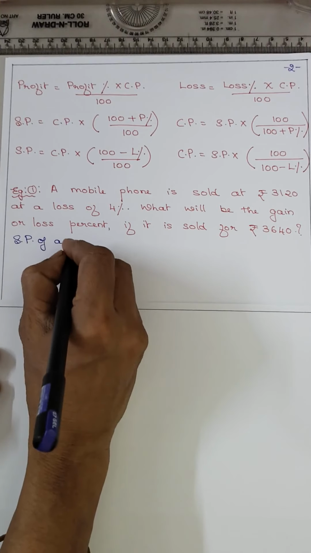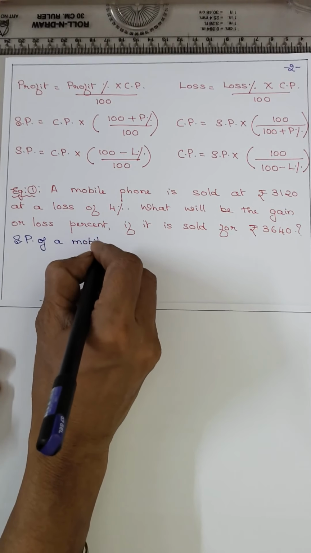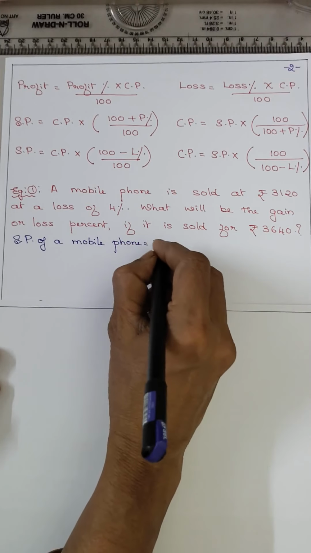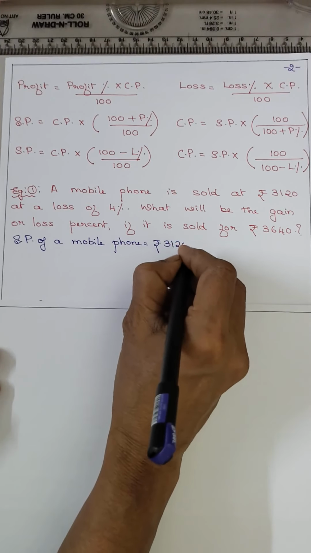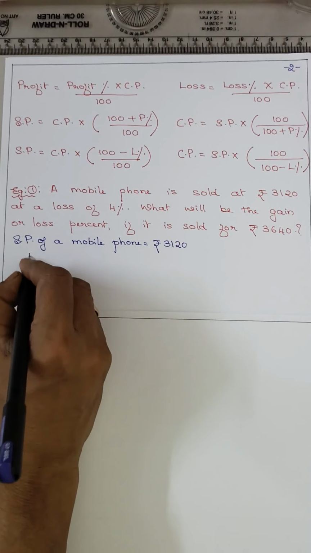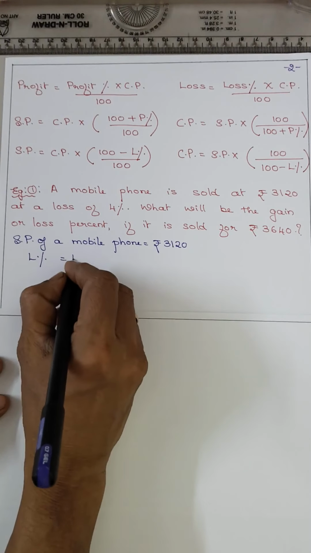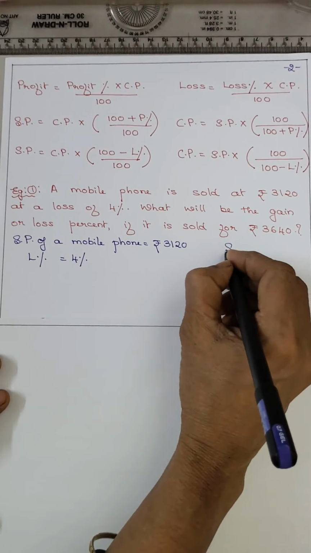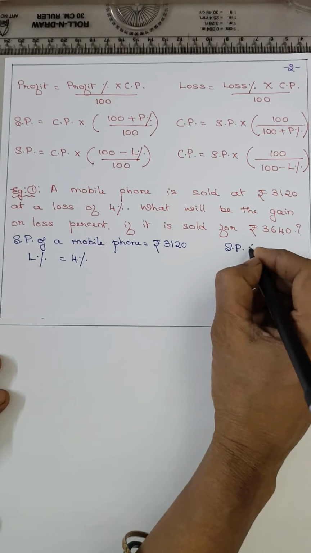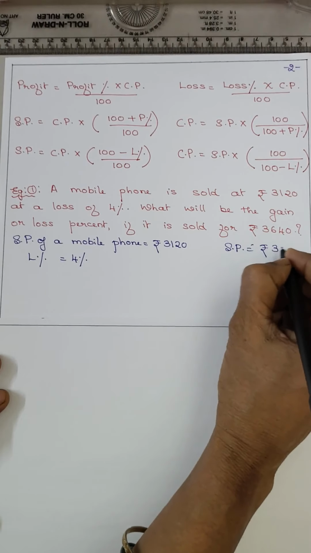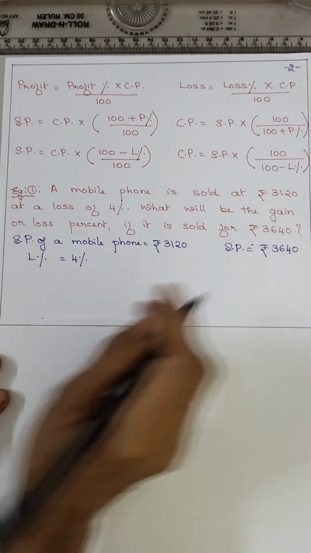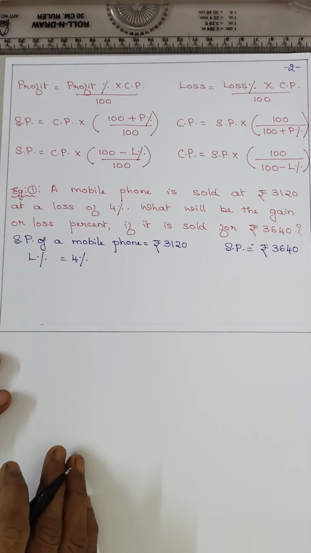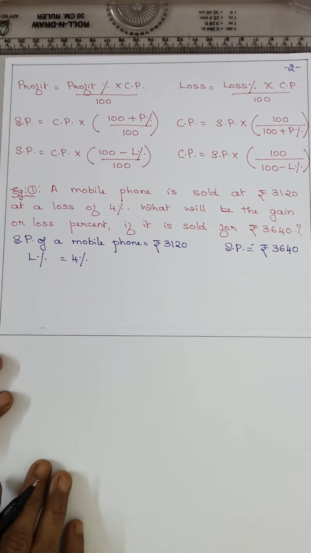SP of a mobile phone is equal to rupees 3,120. अभी लॉस परसेंट है 4%. अभी बोले हैं अगर SP रुपीज 3,640 रहेगा तो प्रॉफिट या लॉस. तो पहले CP फाइंड आउट करो.